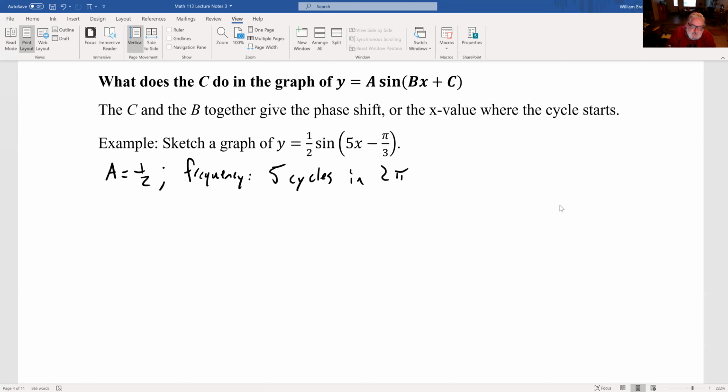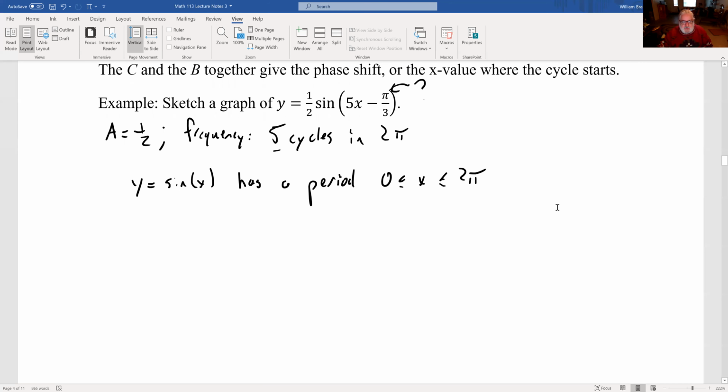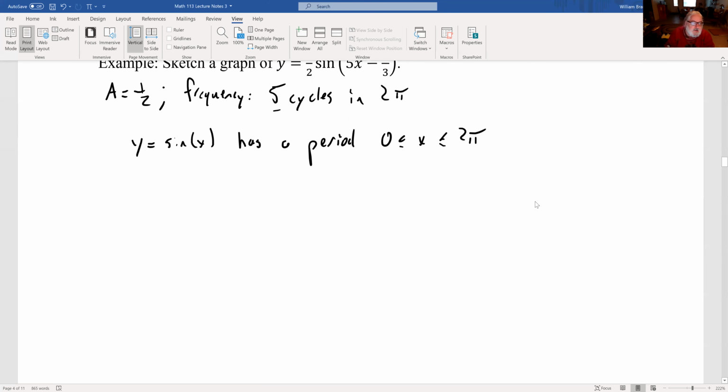But now the question is what is this pi over 3 doing? Well, we'll do the same kind of thing we did above. Remember that y equals sine x has a period from 0 to 2 pi, 0 less than or equal to x less than or equal to 2 pi.